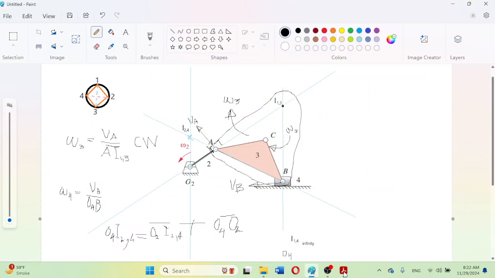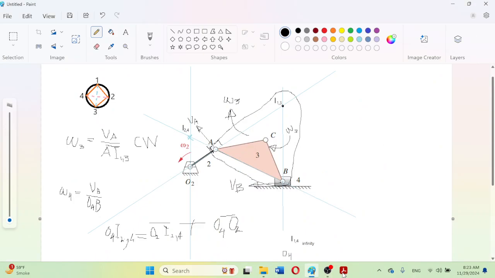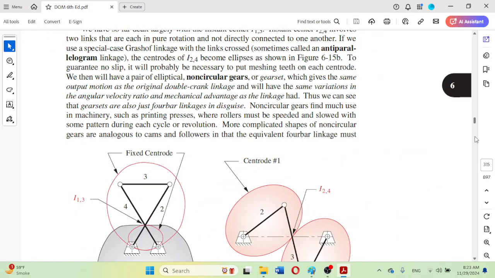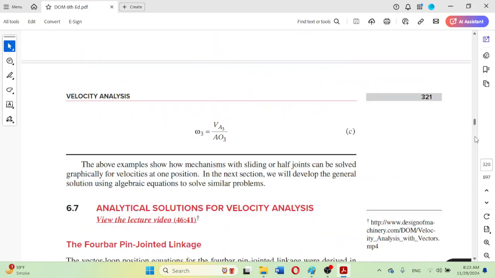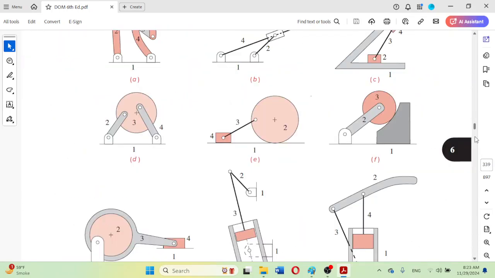So this has also explained the angular velocity ratio. Let us move to the next example and next problem in figure that we are going to solve here.